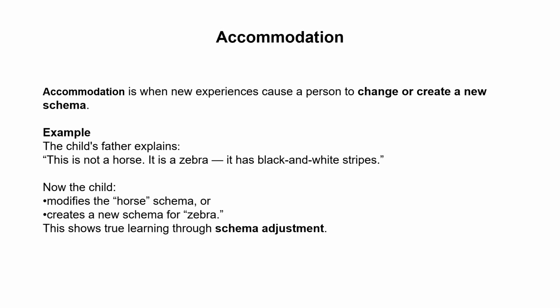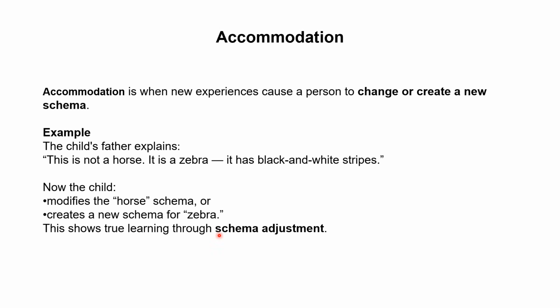Accommodation. So accommodation is when new experiences cause a person to change or create a new schema. So the child's father explains, this is not a horse, it is a zebra. It has black and white stripes. Now, the child has understood that a zebra is different from a horse.